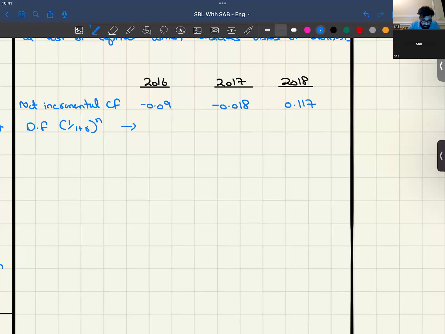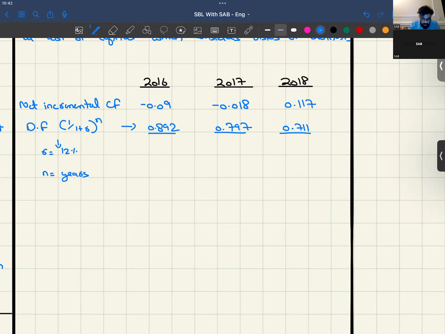So raised to power 1 would be 0.892 here, and raised to power 2 would be 0.797, taking 3 digits, and 0.711. I just incorporated r equals 12% and n equals the years.